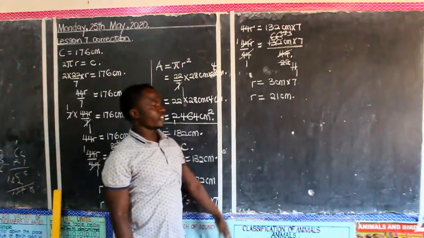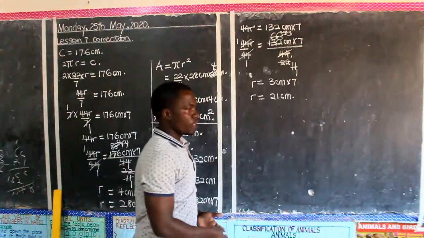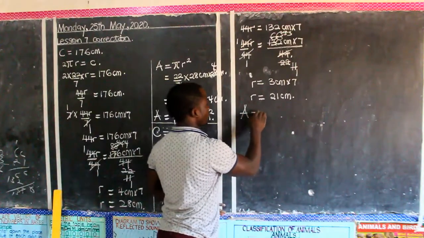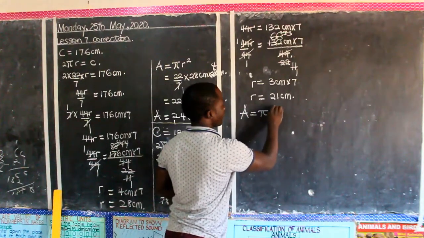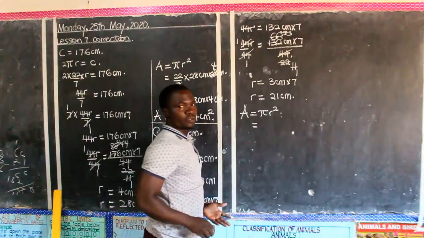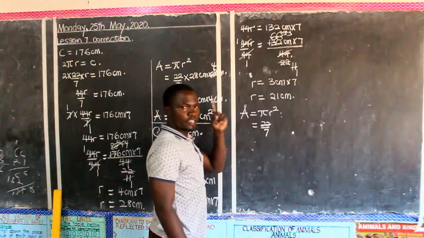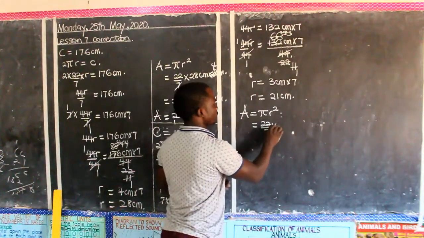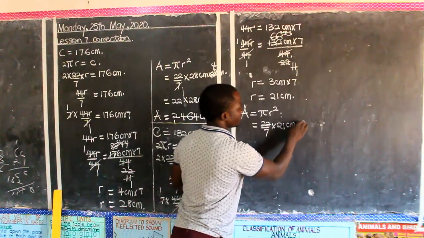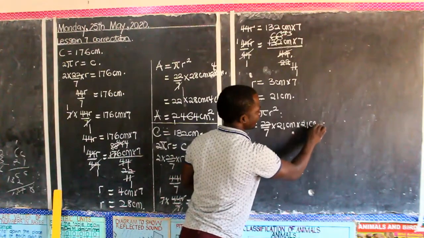So, having got the radius, we can now find our area. Our area of the circle equals pi r squared. Quickly we shall say, this is 22 out of 7, which is the pi they gave us in the question, times the radius of 21 centimeters times 21 centimeters.